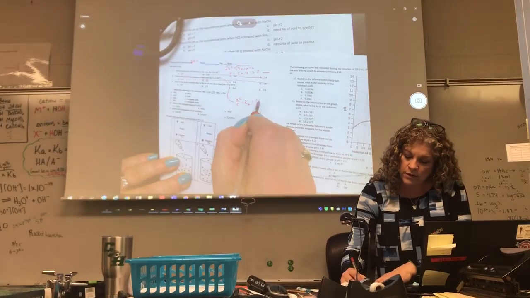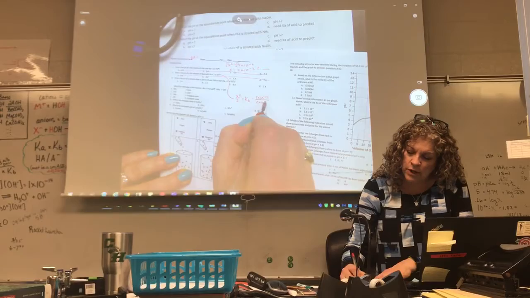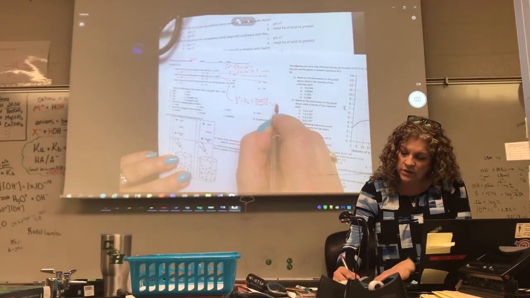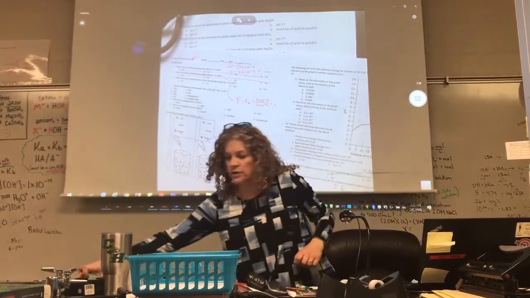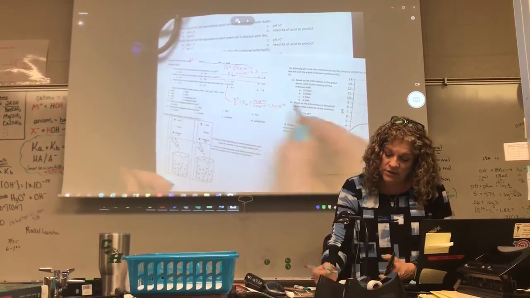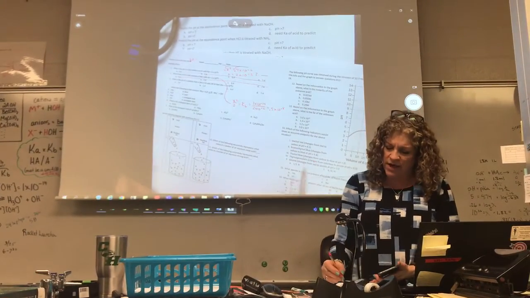Good. And so that ends up being 0.5 times 10 to the negative 8. What do you end up getting for your x value, Claire?